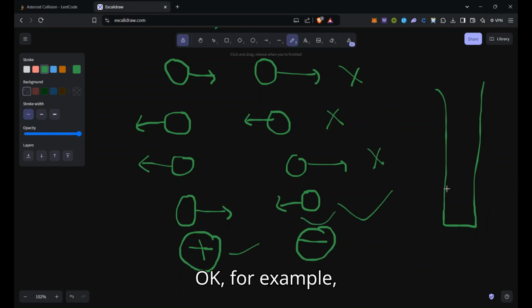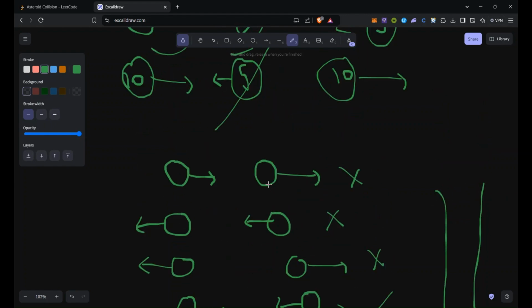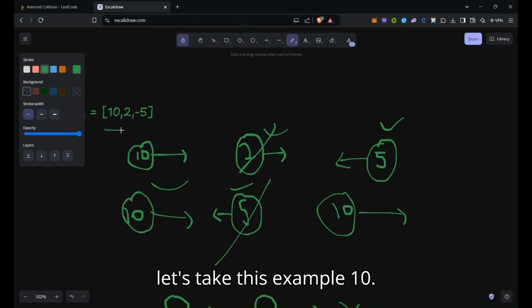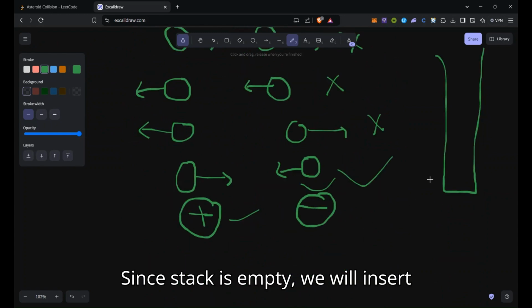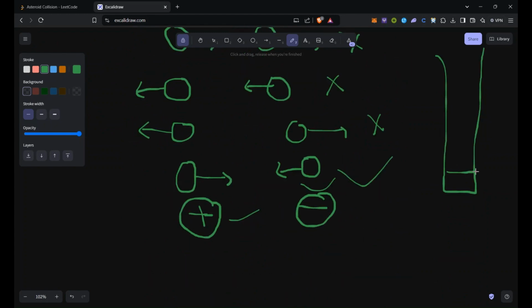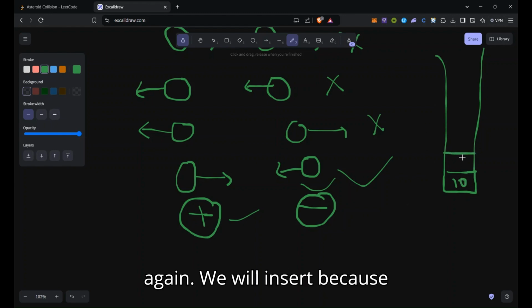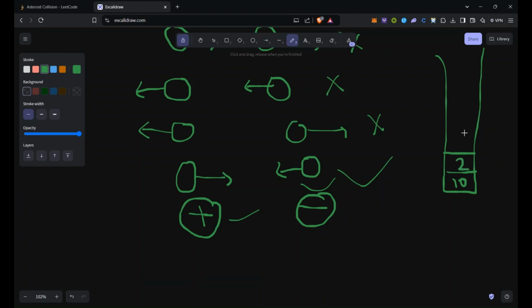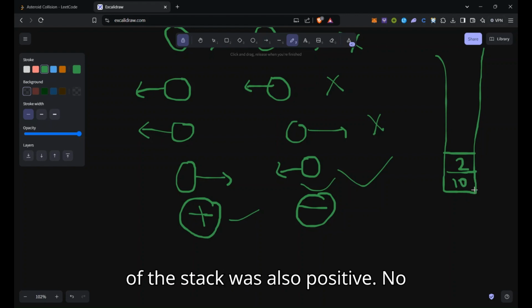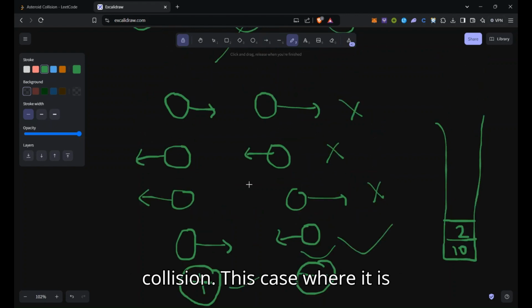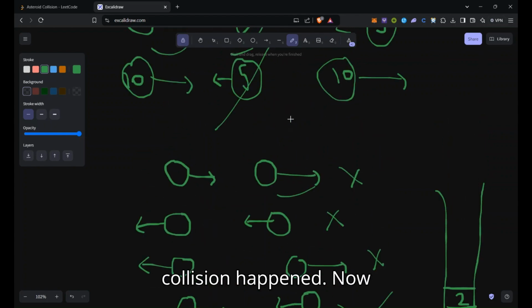For example, let's take this example. 10: since the stack is empty, we will insert it. Now 2 will come. We will insert it because 2 is positive and the top of the stack was also positive. No collision. This case, positive positive, no collision happened.